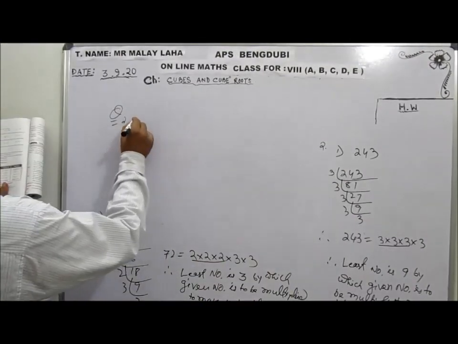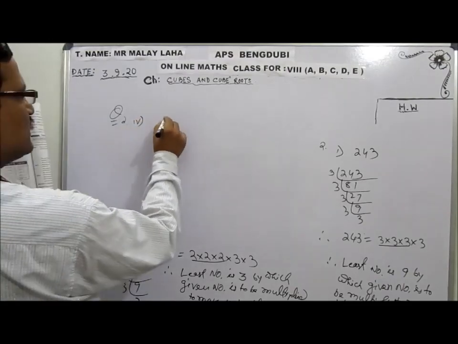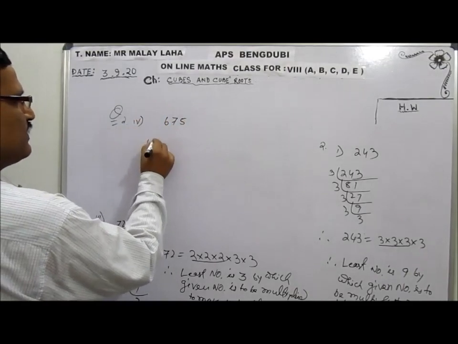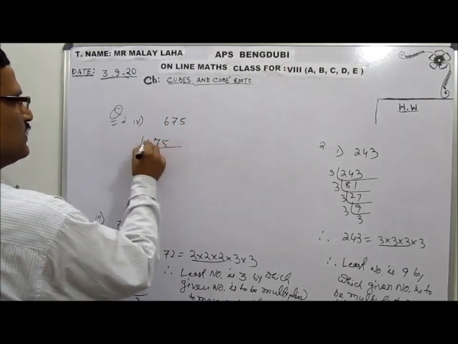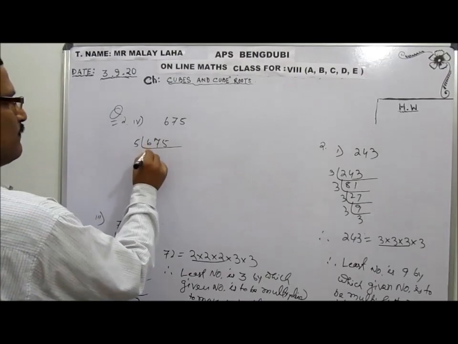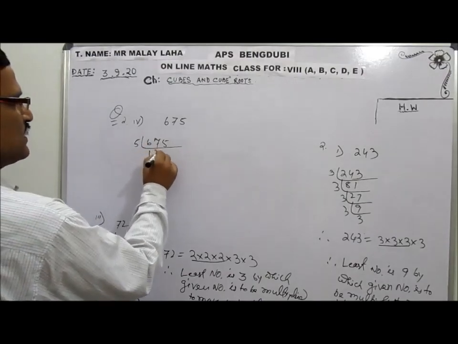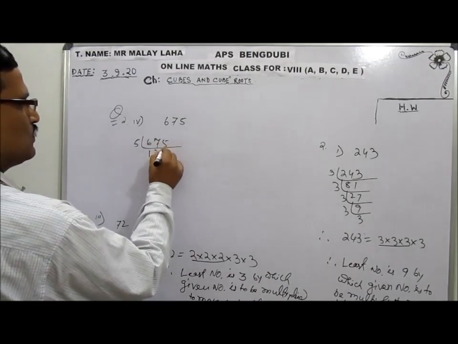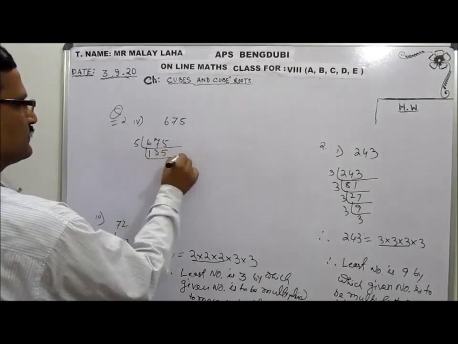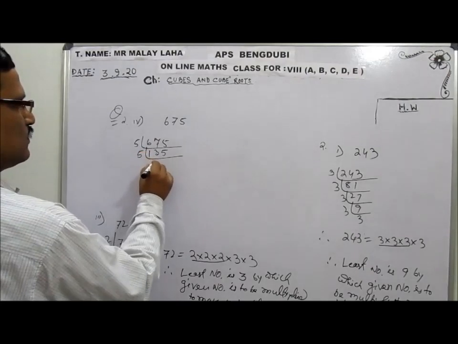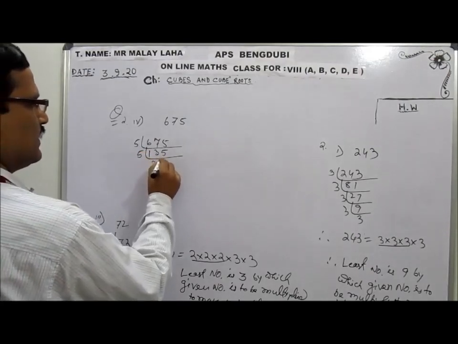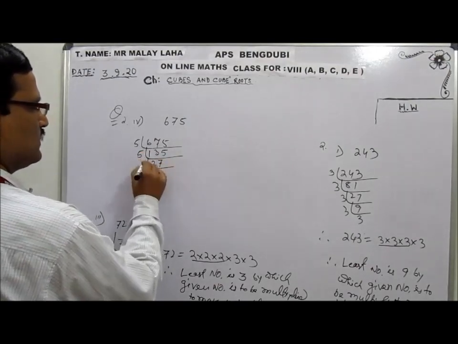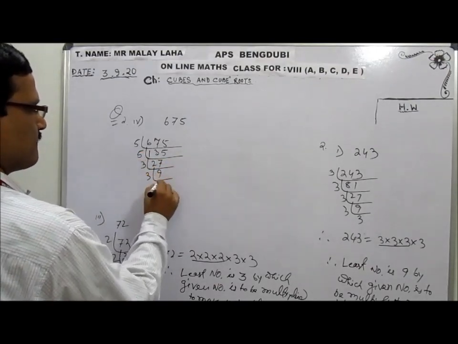Now question number 4, 675. For a number ending with 5, I definitely have to divide it by 5, otherwise it is not possible. So 5 into 1, 3, then carry 2, this 25. 5, 2s are carry 3, 7 is 135, 3, 9, 3.